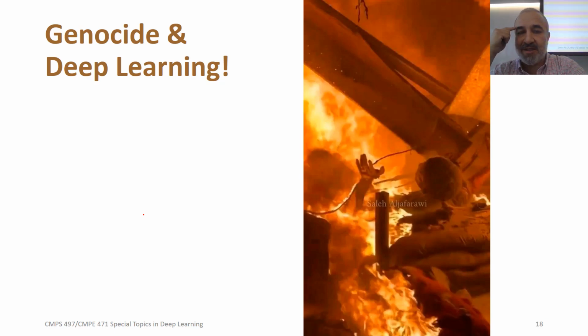And the reason that I titled this slide genocide and deep learning is because I think we will not be able to stop these things unless we own our will, and part of it is owning our technology. And the technology nowadays mostly depends on deep learning, especially the AI tools.